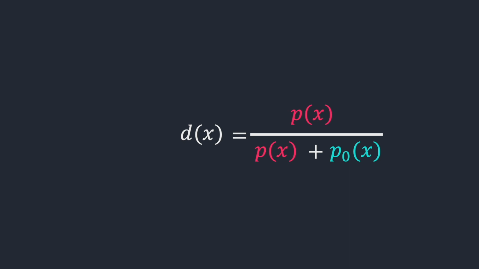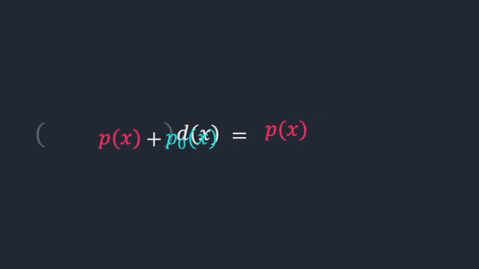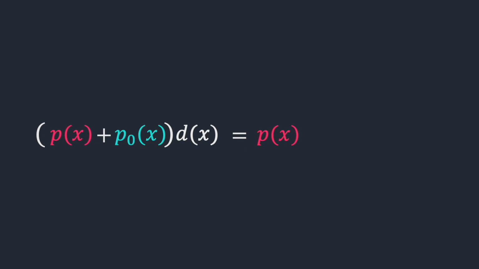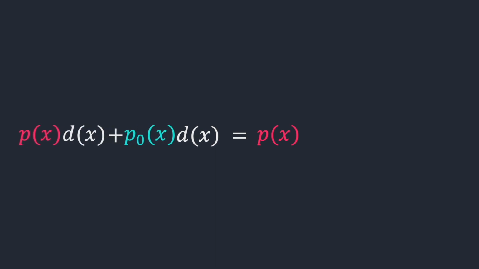The only thing that is left is to rearrange this term so that we have p of x in red isolated. The first step in doing so is to multiply. From here on, it's relatively straightforward to isolate p of x. We can subtract on both sides, bringing p of x times d of x on the other side.